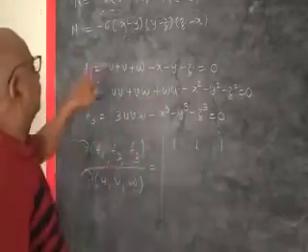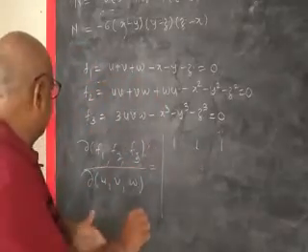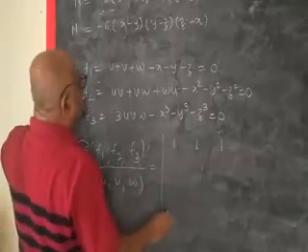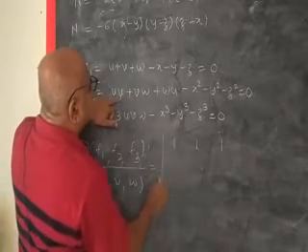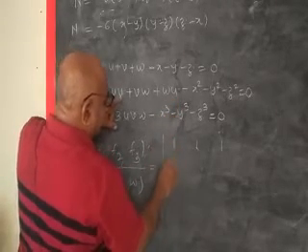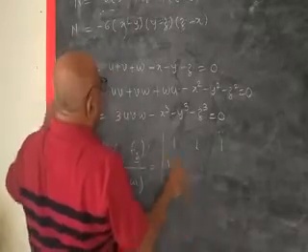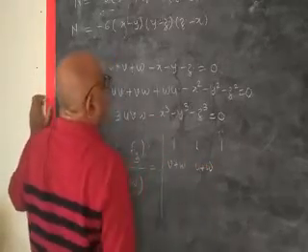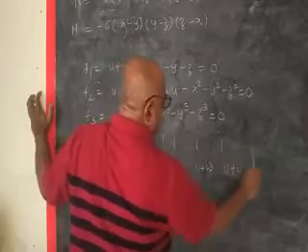Derivative of f1 with respect to u is 1, with respect to v is 1, with respect to w is 1. Now derivative of f2 with respect to u is v and w, means here we get v plus w. For derivative with respect to v, u plus w. For derivative with respect to w, v plus u.